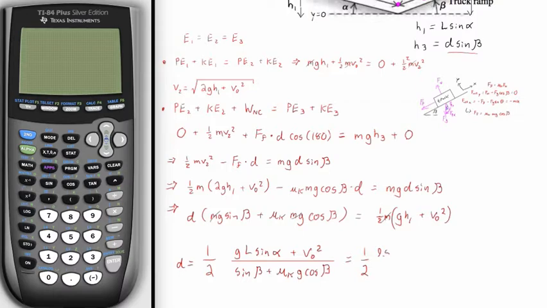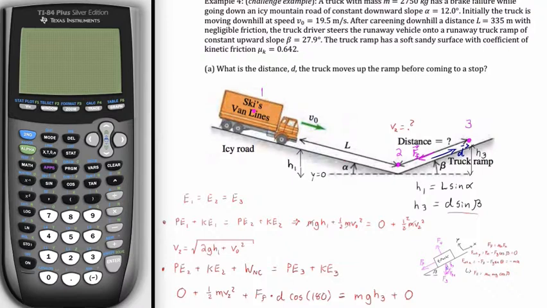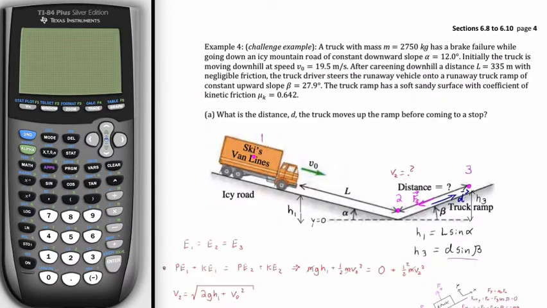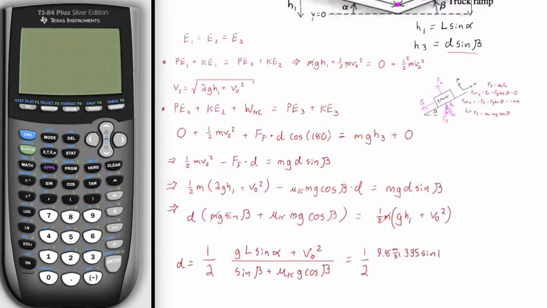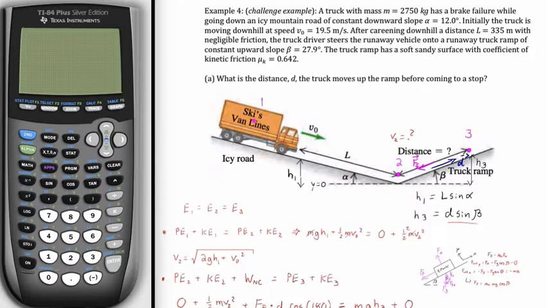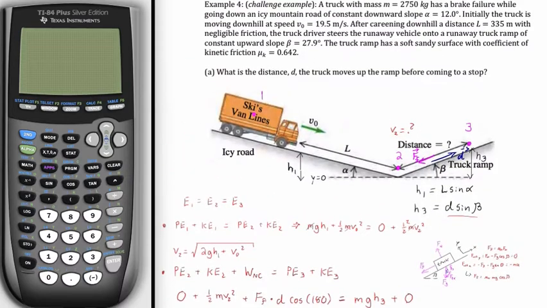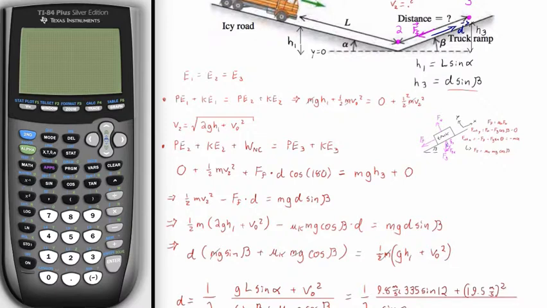1/2, 9.8 meters per second squared. For L, we have 335 meters, and then sine of alpha, which is 12, plus that initial velocity of 19.5 squared, and then sine of beta, which is 27.9.